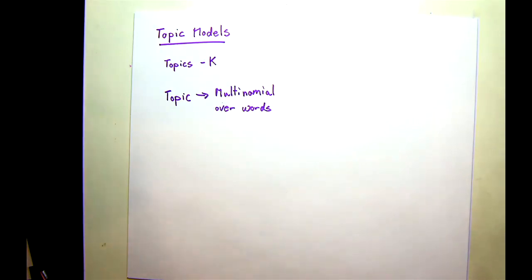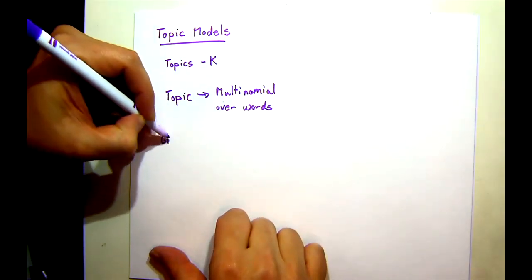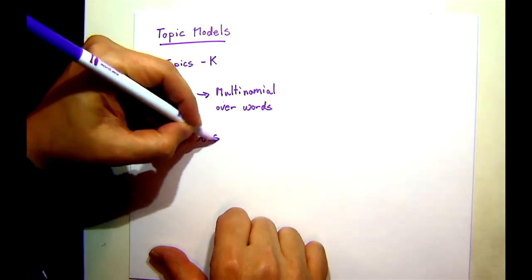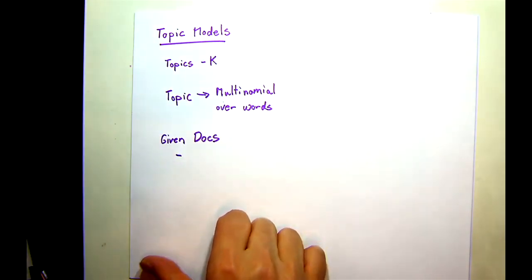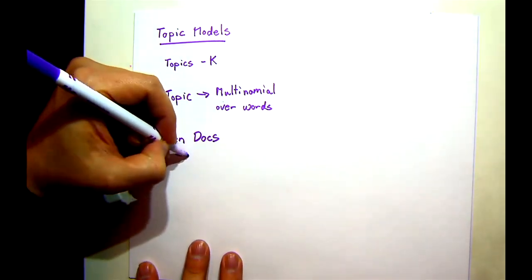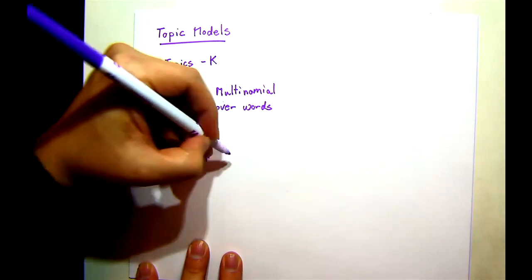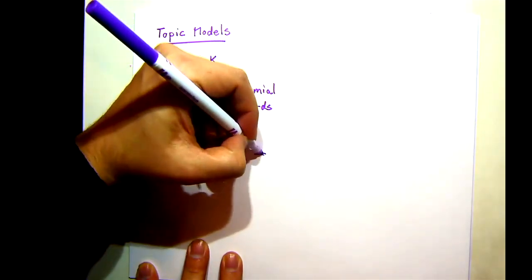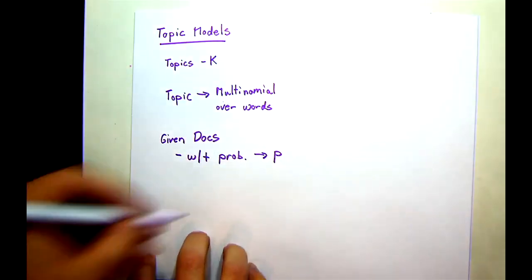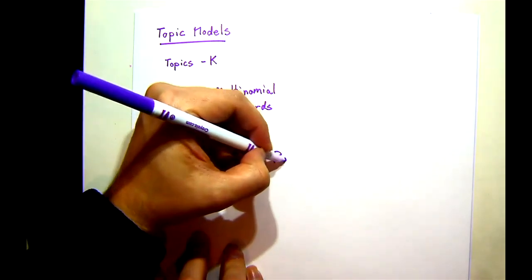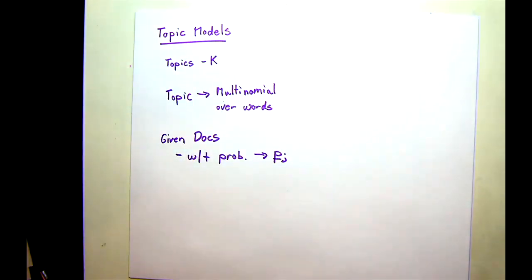So given a set of documents, basically your X, we want to find two things. We want to find the word given topic probabilities, which is generally written as P. P will be a vector, and there'll be one for every topic.